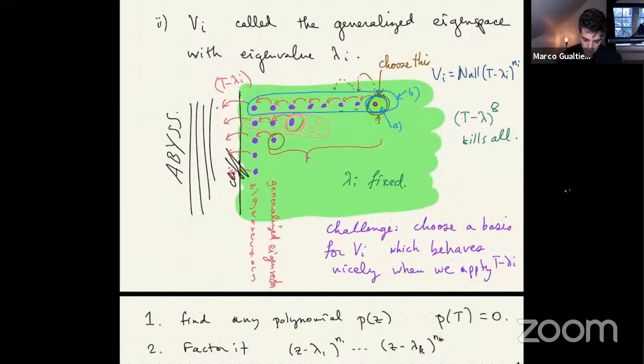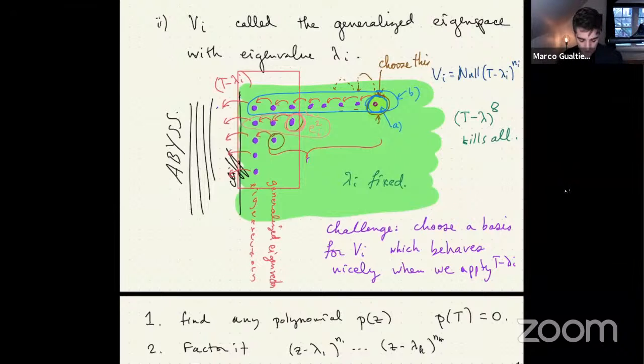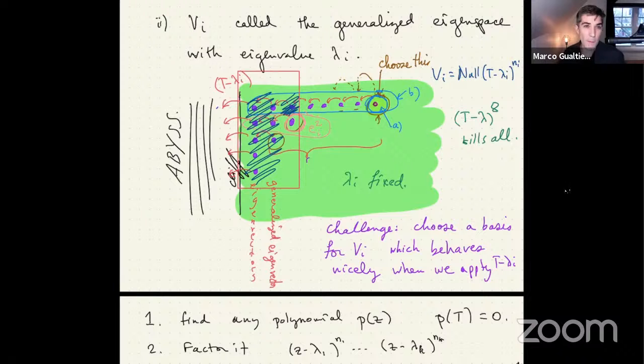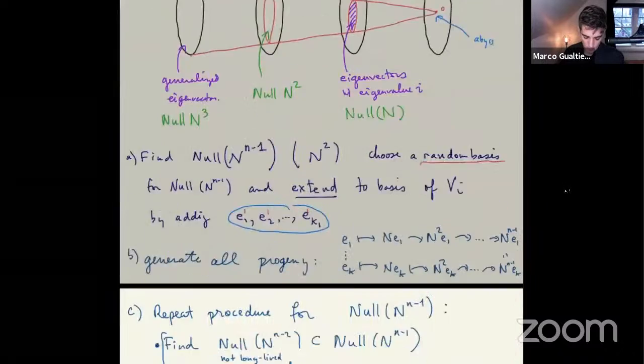All of these are sent to 0 by applying N 3 times. But I do not want to pick any of these, because they're too short-lived. And I also do not want to pick this one because I've already produced it from the previous step. That's what is going on here.